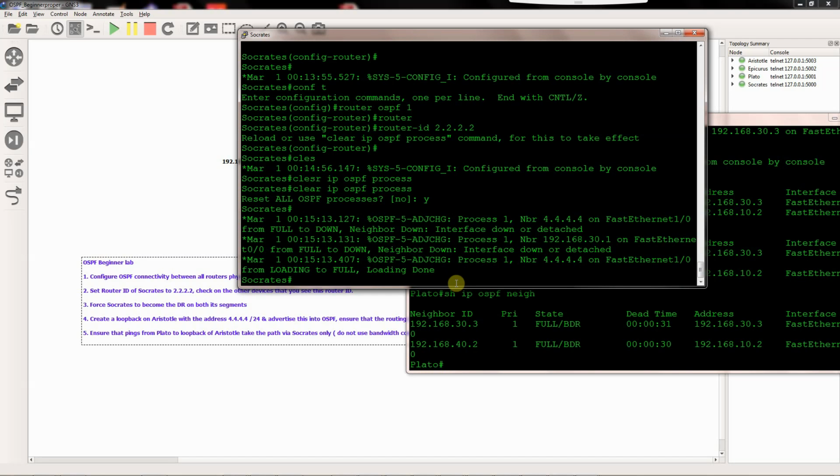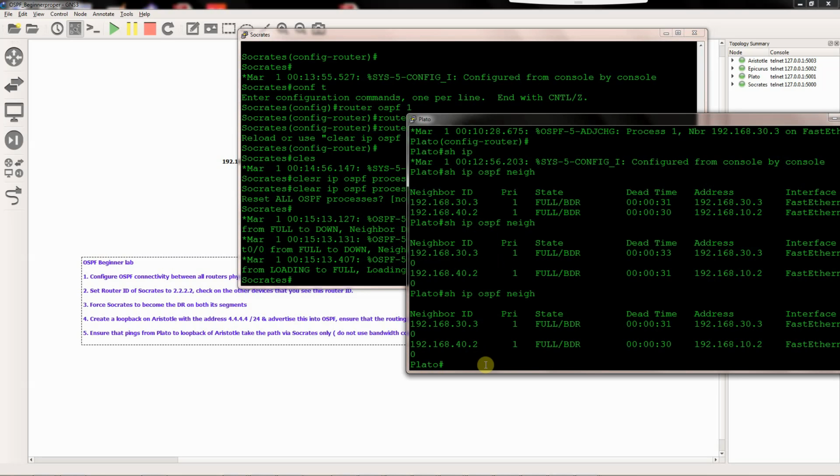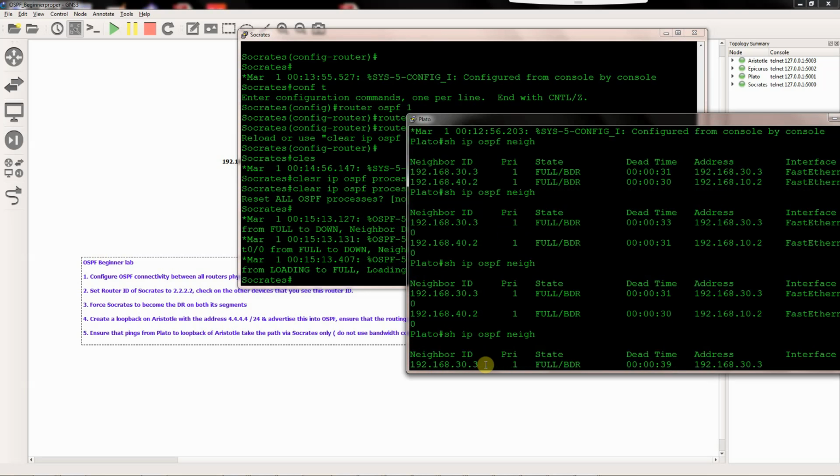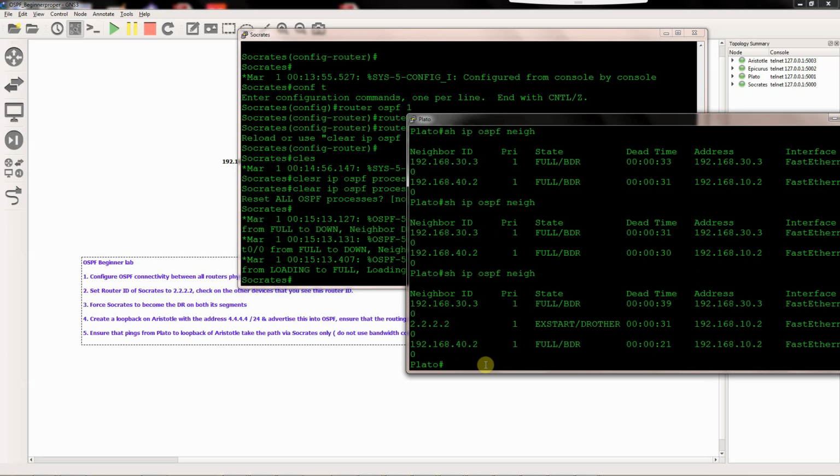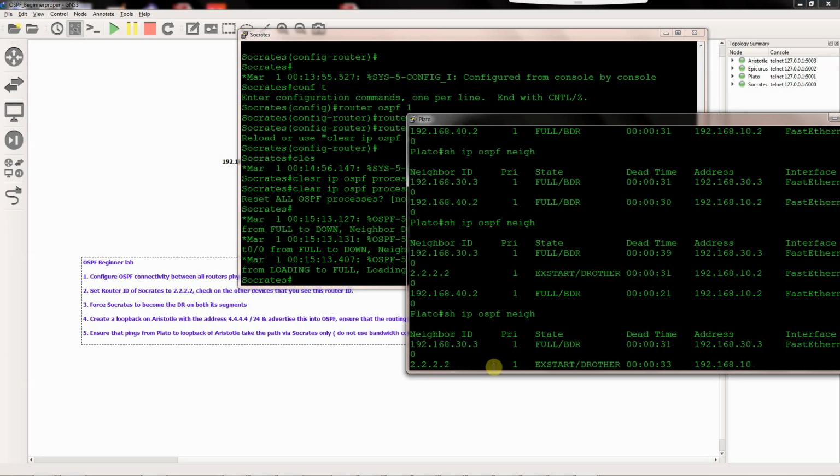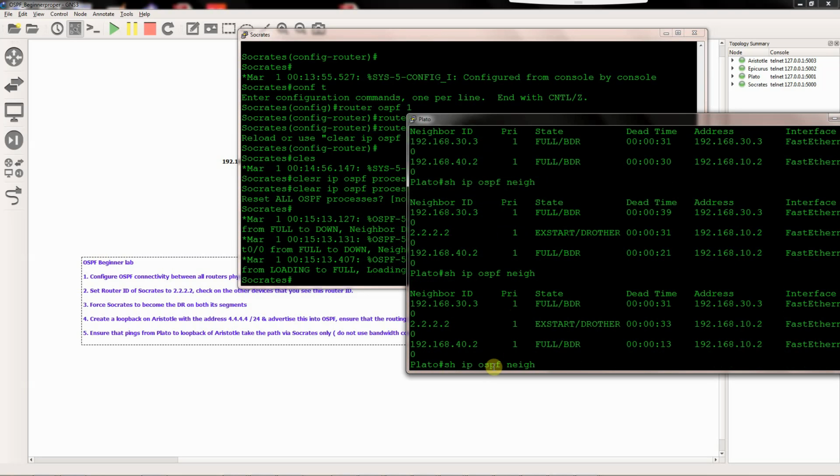So we can see that the neighbour relationship between Socrates and Plato has broken, and reformed. Let's just have a quick look and see whether that's changed. At the moment you can see it's in this ExStart state here. Let's see if that clears.